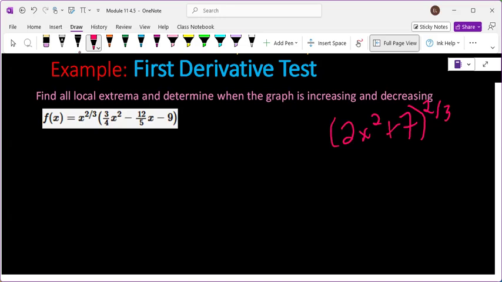If I put in 7, 7 to the 2/3 is some ugly number. And then inside my parentheses, I'd have to do 7 squared times 3/4 minus 12/5 times 7 minus 9, crunch all that together. And then at the end, I'd have this 7 to the 2/3 times whatever the result of the parentheses was. So the last thing I did was a product.